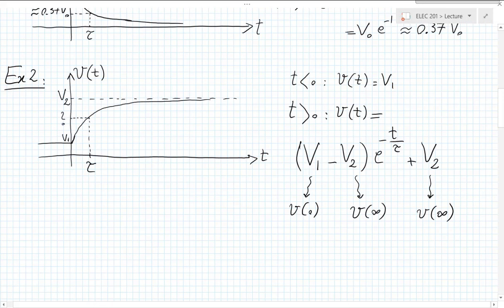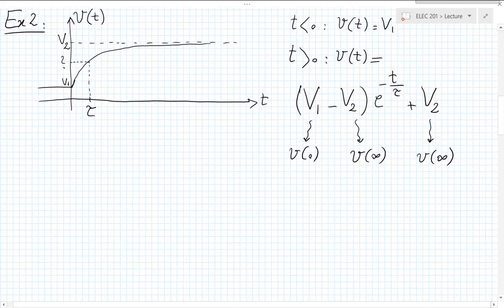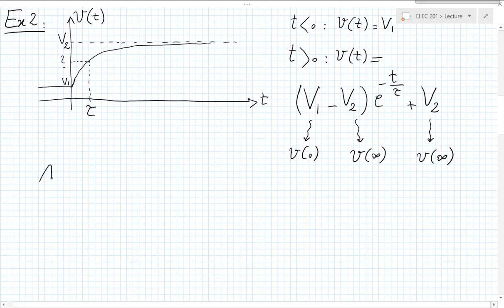What value have I reached after a time tau? So that's one good answer. So let's write that down as a candidate. So what is V after time tau?